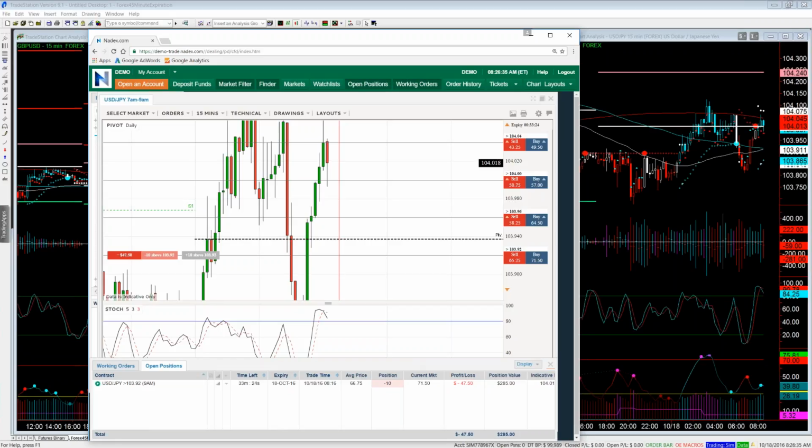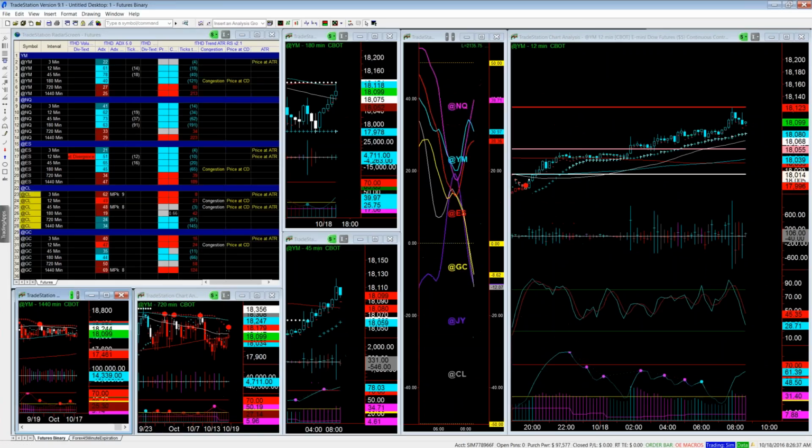Let's go in. Let's see what the futures are doing this morning. You see that on the Dow, you're at the congestion dot on the 180. Unless it breaks through that congestion dot, I would probably anticipate it coming back down.